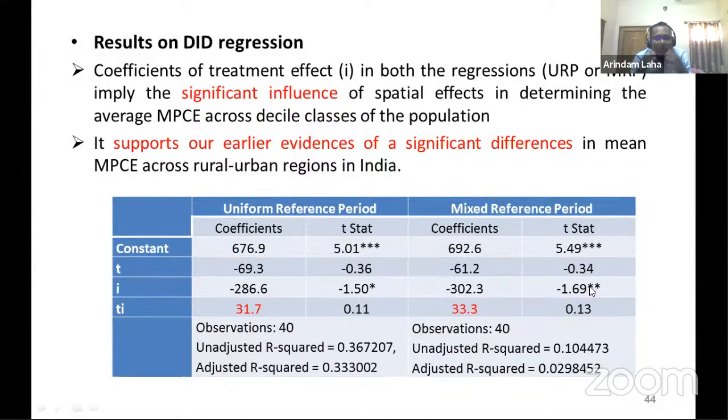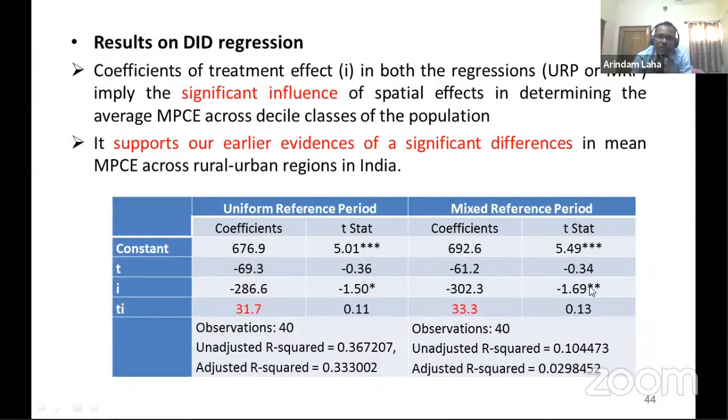So whatever analysis we have done in my earlier class, what we have seen in this table, what we have said is that in rural India and urban India, their loss is much more significant in urban India in comparison to rural India.